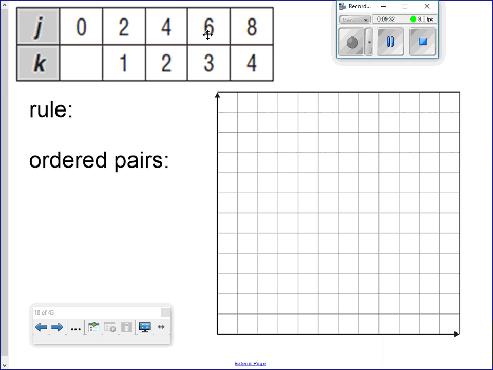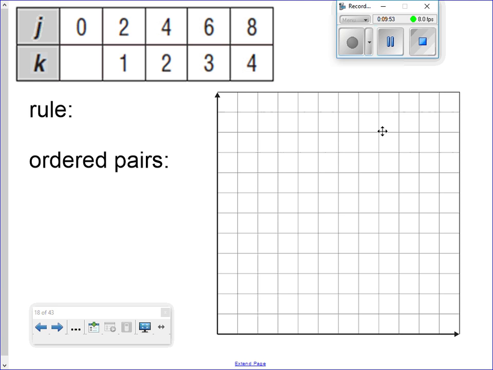So what we're going to do is use this chart, not always x and y, it can be any letters or any information. We're going to find the rule or the relationship between j and k. Then we're going to make ordered pairs out of that information, and then we're going to put it on the grid. So first thing, the rule.